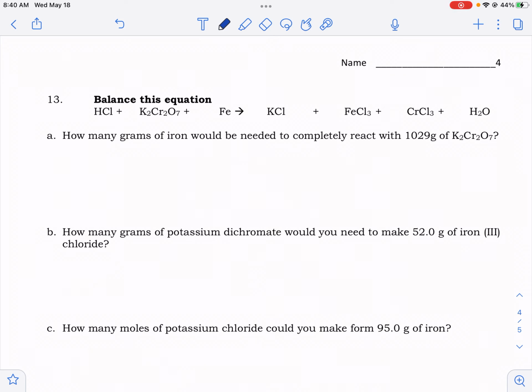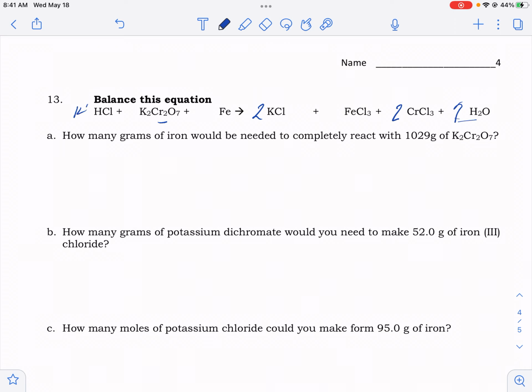13. We got a big old ugly equation, and we got to balance it. I have 2 potassiums. I have 2 chromiums, so that's going to be a 2. I have 7 oxygens, so that has to be a 7, which makes 14 hydrogens.